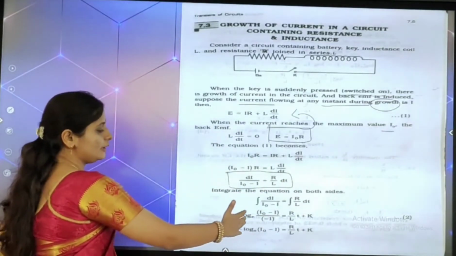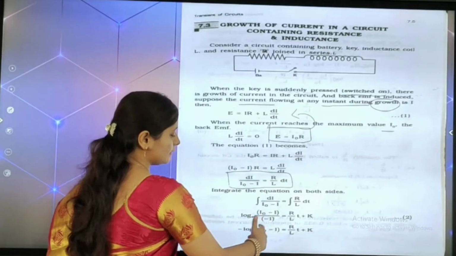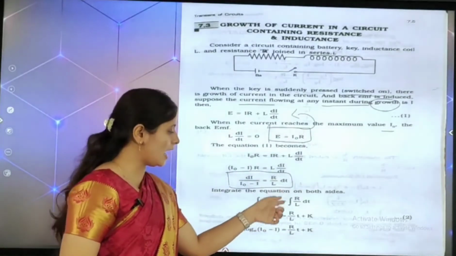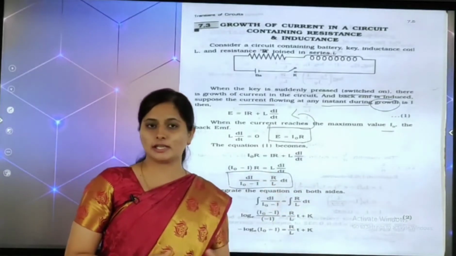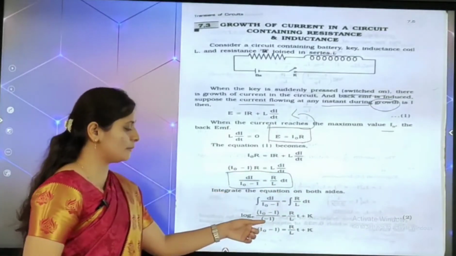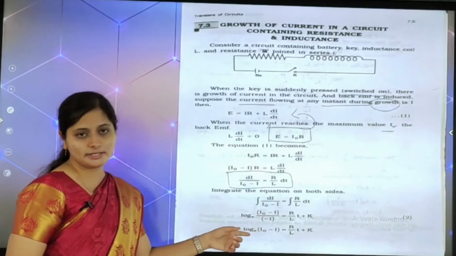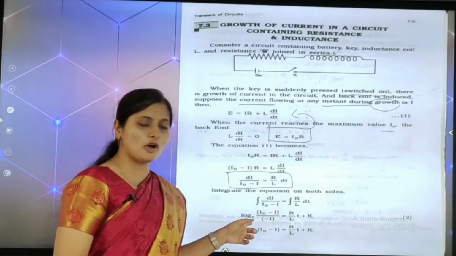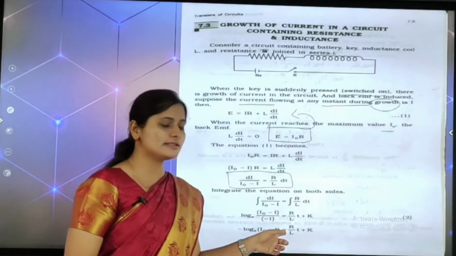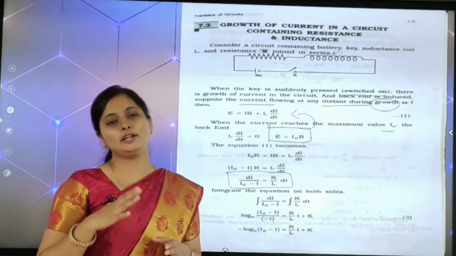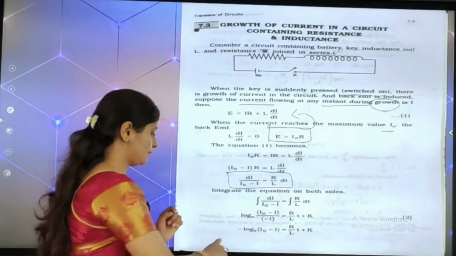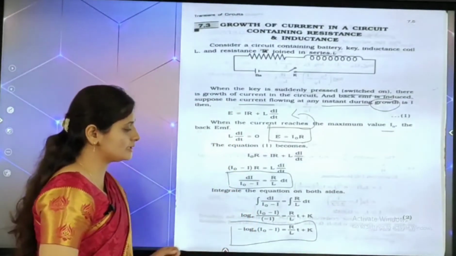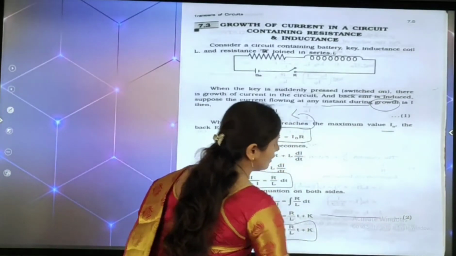That is log e of I naught minus I divided by minus 1 is equal to R by L into t plus k. And the minus 1 in the denominator side, we can take as minus log e of I naught minus I is equal to R by L into t plus k. Okay, we get this value. We can call this our equation number 2.